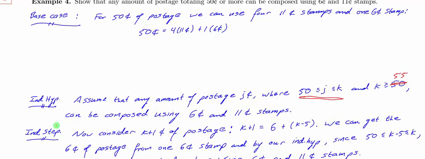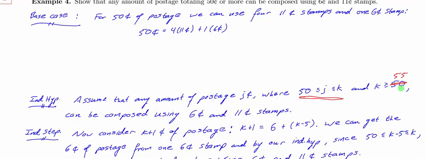So our induction step will cover 56 cents worth of postage and above. Our base case only covered 50 cents worth of postage, at least so far. So we have the amounts of postage, 51 cents through 55 cents, that we haven't justified. We haven't explained why those can be written as a combination of 6-cent and 11-cent stamps.